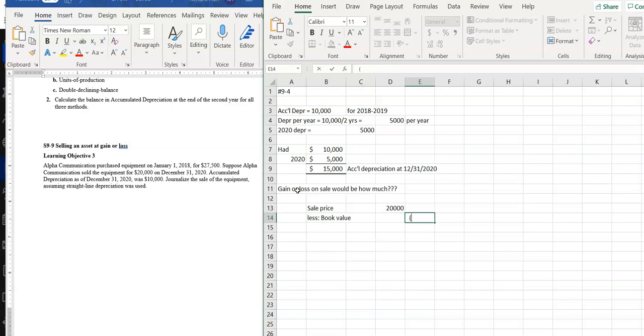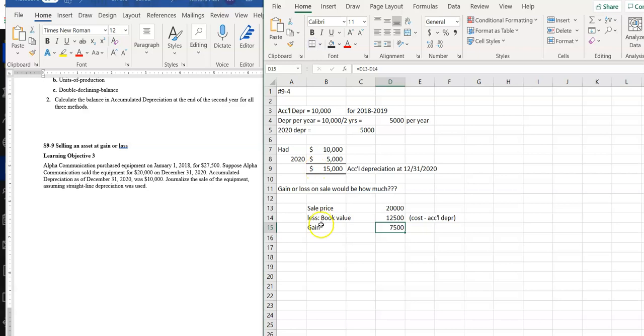All right, book value is cost minus accumulated. All right, so my cost was $27,500 minus the 15 of accumulated. So sell price minus accumulated. So this is my gain. And that's all that I will ask you to calculate on the test. We won't be doing the journal entry.